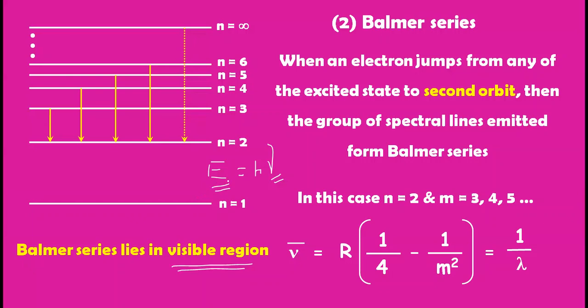Since the energy of the final transition is maximum, the frequency of that spectral line will be maximum. Frequency and wavelength vary inversely to one another. If the frequency is maximum, then the wavelength of that spectral line will be minimum. So the minimum wavelength of the spectral line in each and every series of the hydrogen spectrum gives rise to the series limit. So this happens to be the series limit.